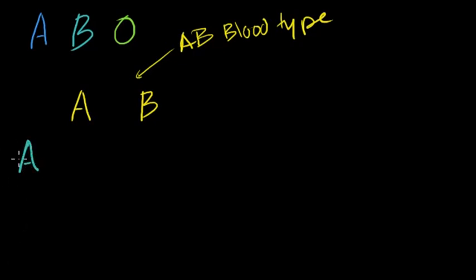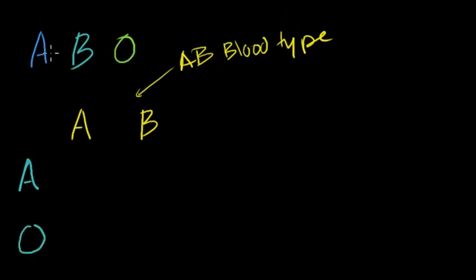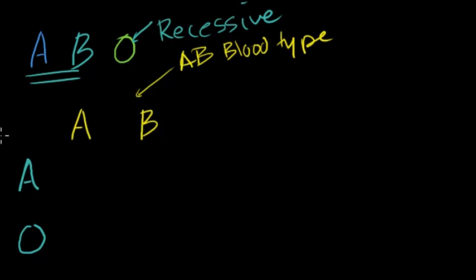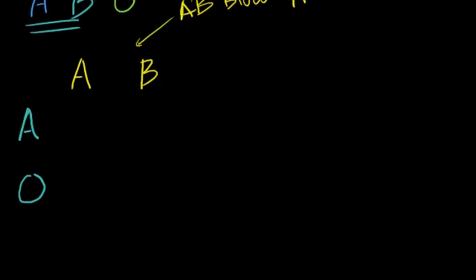But their genotype is that they have one allele that's an A and their other allele that's an O. So this is what's interesting about blood types. It's a mixture. O is recessive, while these guys are codominant. So if you have either of these with an O, these dominate. If you have them together, then your blood type is AB. So what are all the different combinations for this couple here?